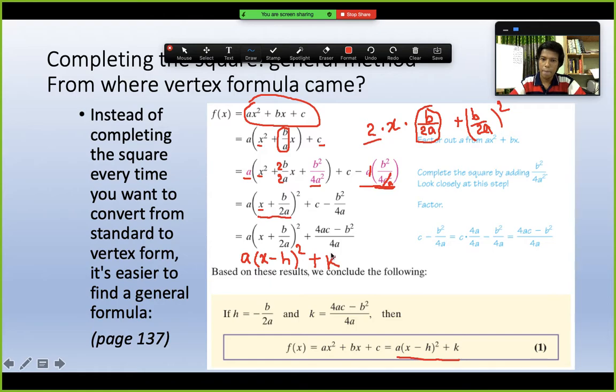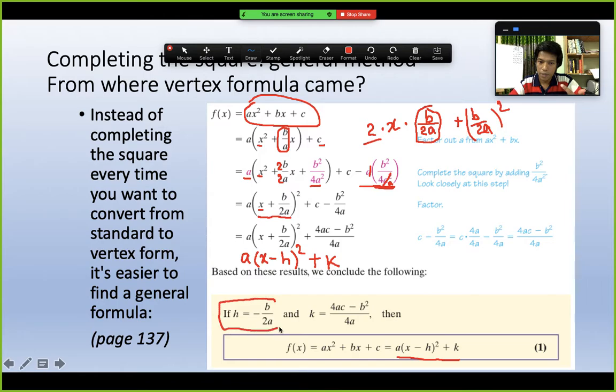That means our h value is b by twice a, but there is a minus here, so minus b by twice a. So h is minus b by twice a. That means the vertex h value is minus b by twice a from this format.